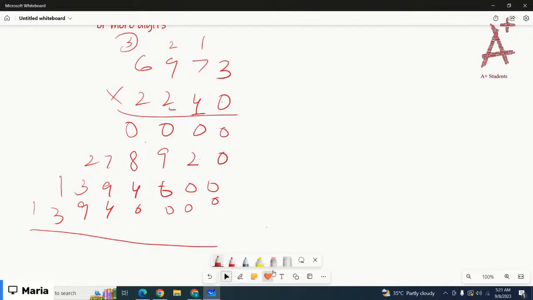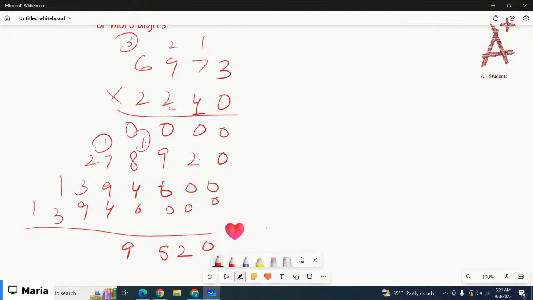You have to now just add. It is 0, that is 2, 9 plus 6 is 15, right? 5 and carry 1. 6 and 4, 10 and 8, 18 and 1, 19, 9.